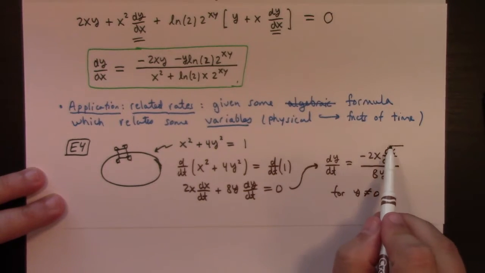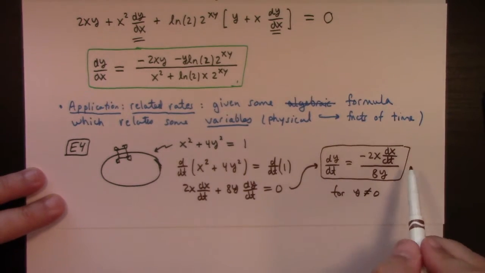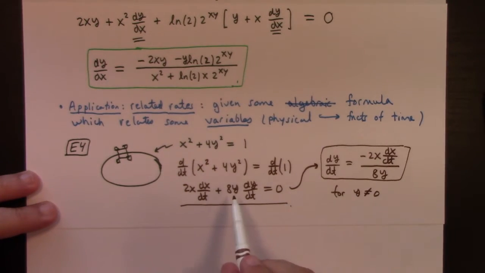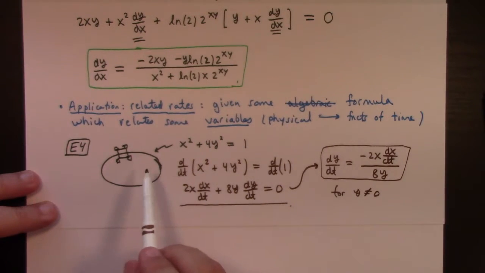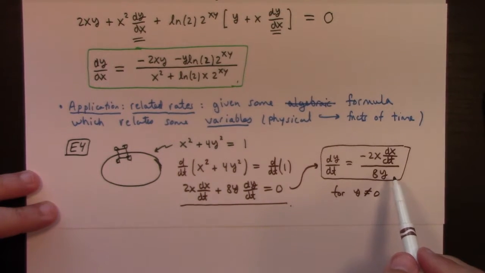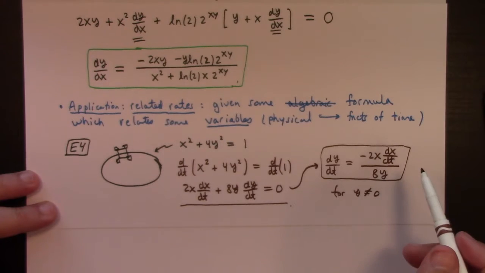This is in some sense a better answer, because this doesn't need to be qualified. This is true at all points around the oval, but this is only true when y is not equal to 0.